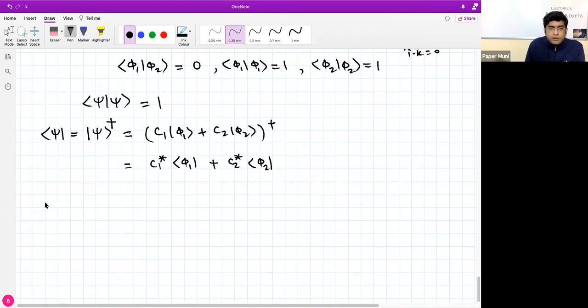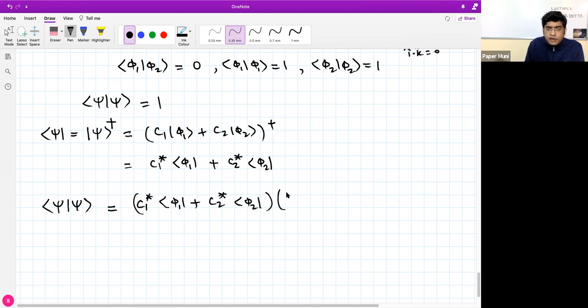Now when you take an inner product, you write like this. Now this is writing two things together. So this is bra psi, which is c1 star bra phi 1 plus c2 star bra phi 2, and the ket psi is this.